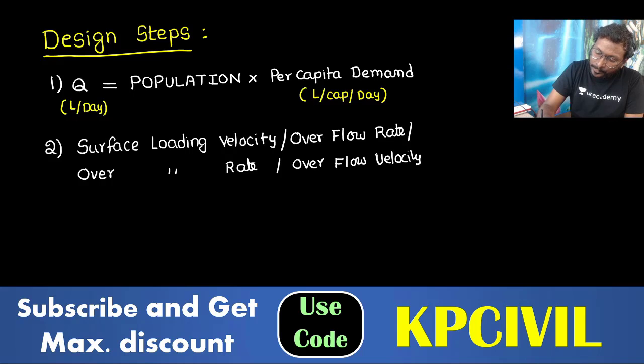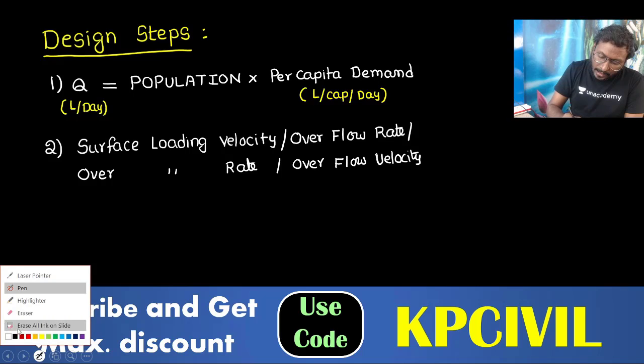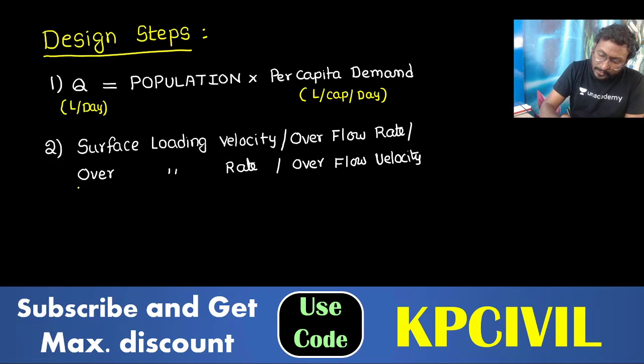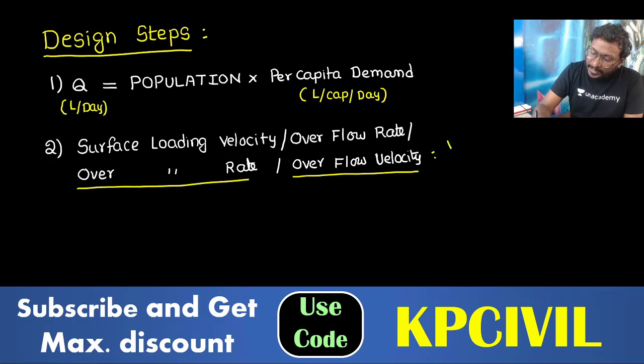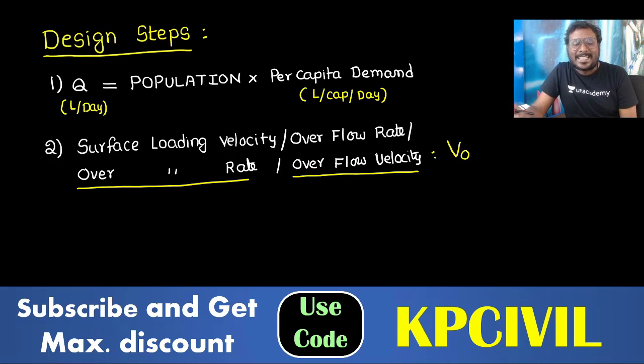These are different words for the same parameter and the same phenomenon. Finally, all of these alternate words represent one parameter, V0, the design velocity.